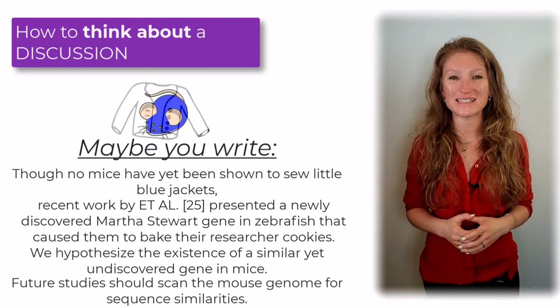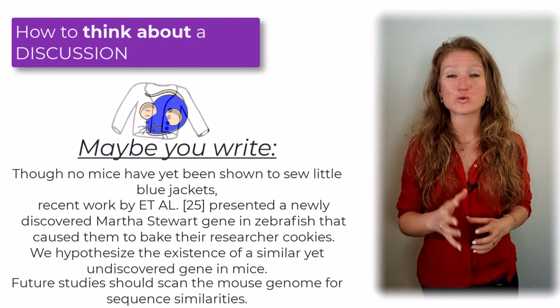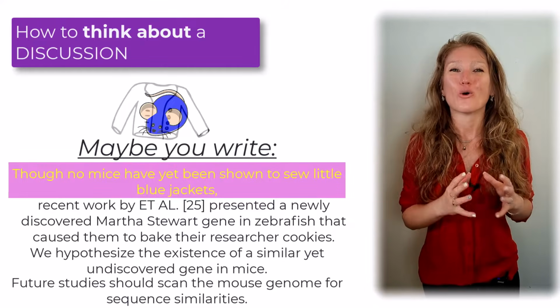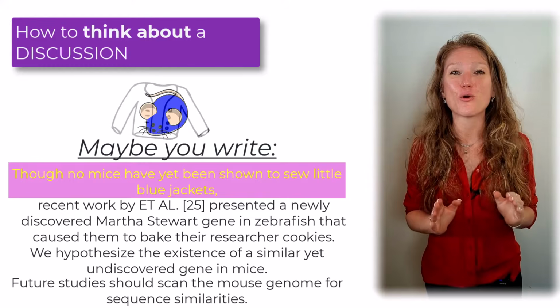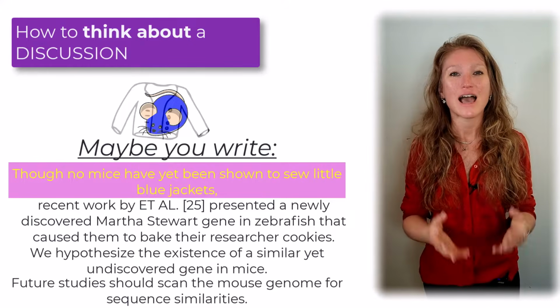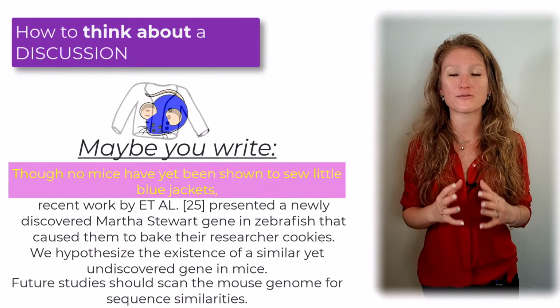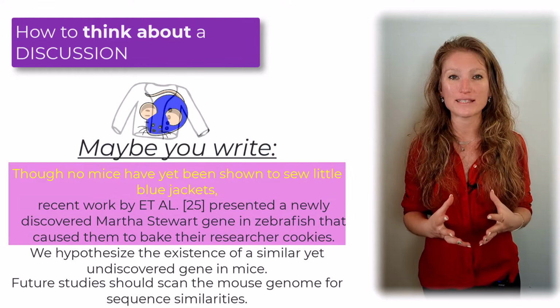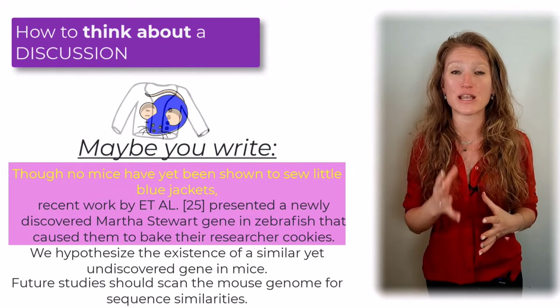So let's dissect what we've written here. First, we started this with a reference to a gap in the field, or that edge of current knowledge, that no mice have yet been shown to do this. And then we bring in references from the field that help point us in a direction of why this may be, or what might explain what we saw here.